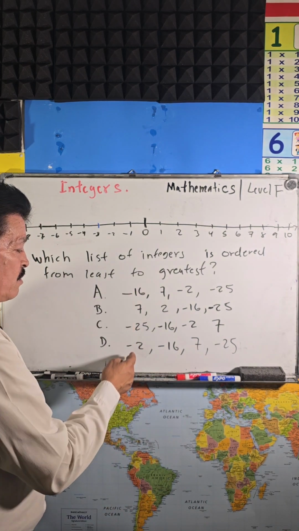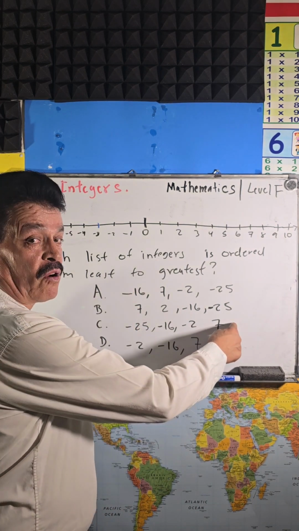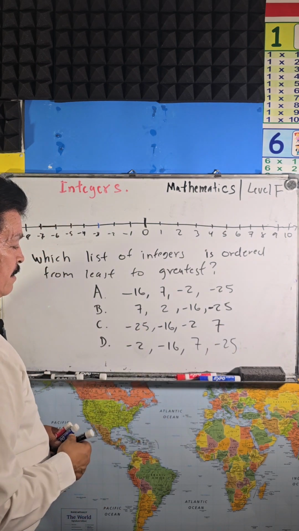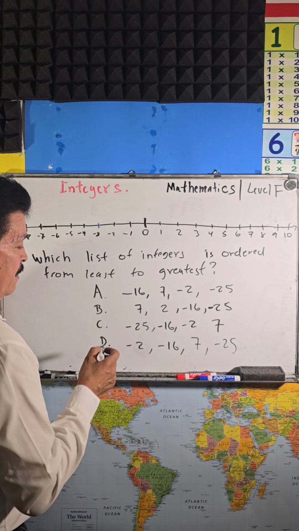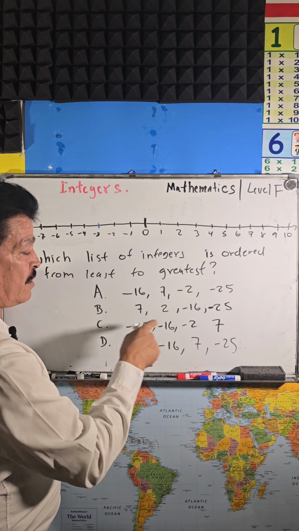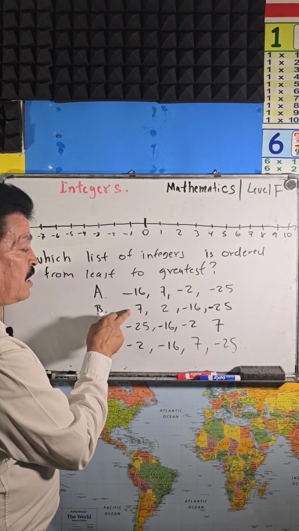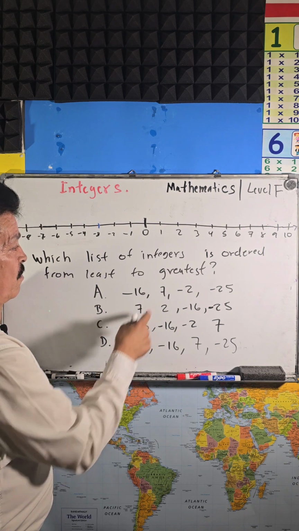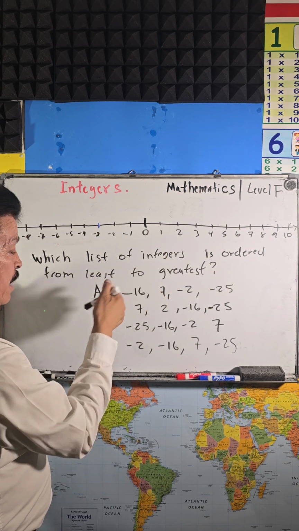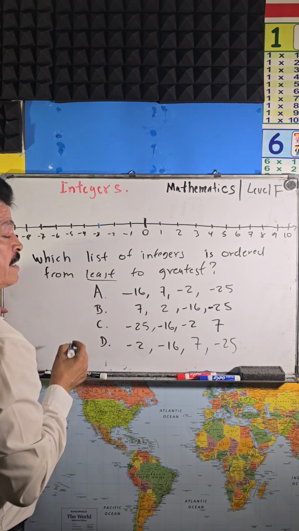I mean, the smallest one is right here, and the greatest is over the other side. Look at this. The first thing you have to see, this one is not right. Immediately you check out the wrong answer, because this is positive. The least means the smallest one.